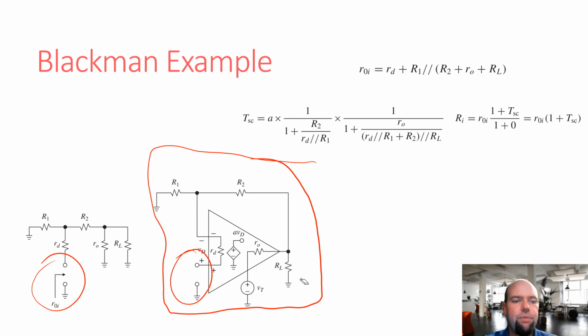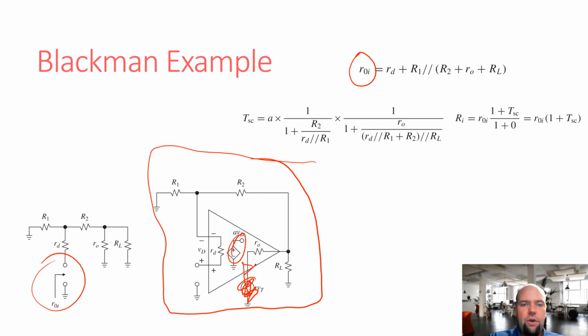Using the input terminals to find the equivalent resistance between those two terminals, we initially have to find the R naught. Again, we assume the gain of this op amp is 0. What is a gain of 0? It means this is grounded, so basically replace this with a ground.